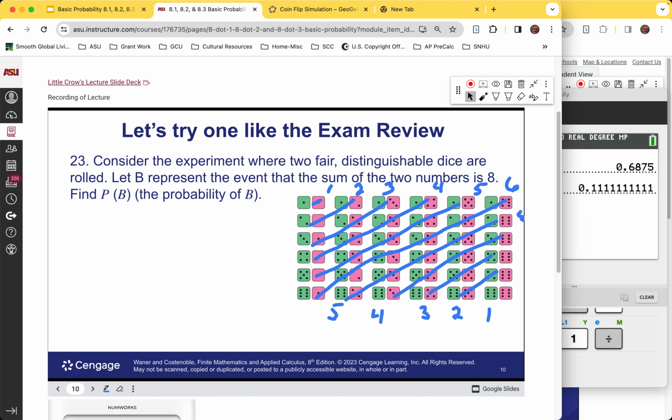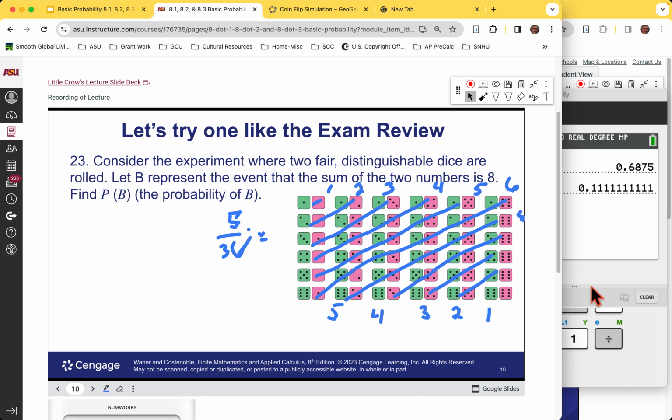If you do this a few times, you won't have to reconstruct it all the time. But so how many 8s are there? We're going up, so just think, rolling a 7, there's 6 possible ways to do that. So if we go to 8, I'm going to have 1 less. It's going to be 5 ways. So the probability of getting an 8 is 5 divided by 36.